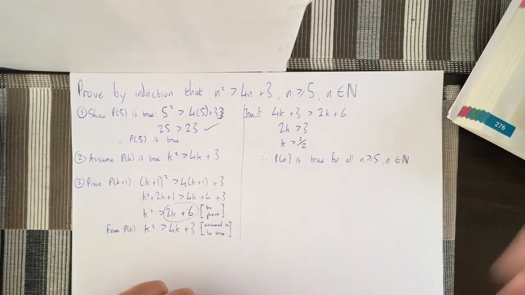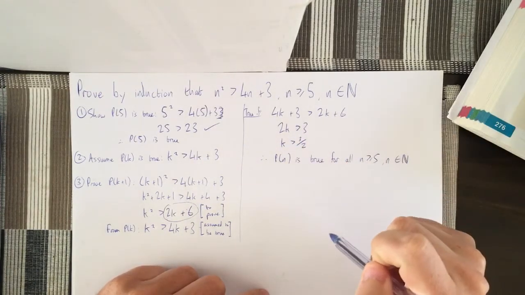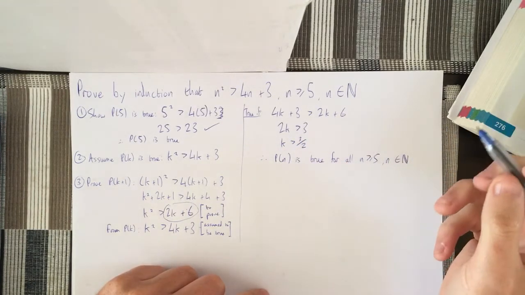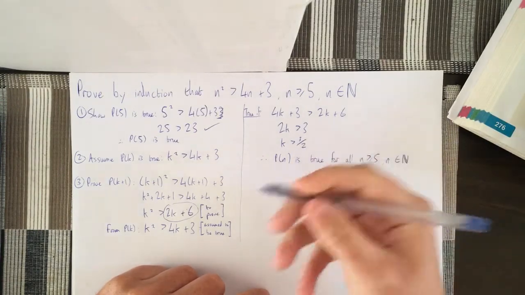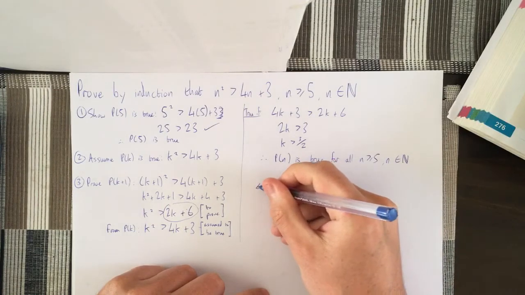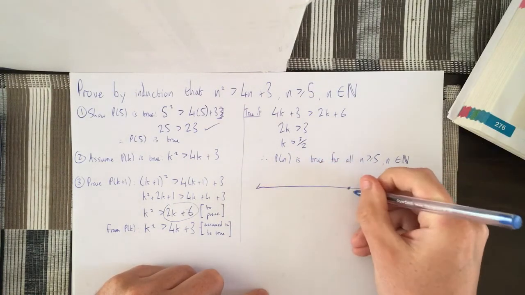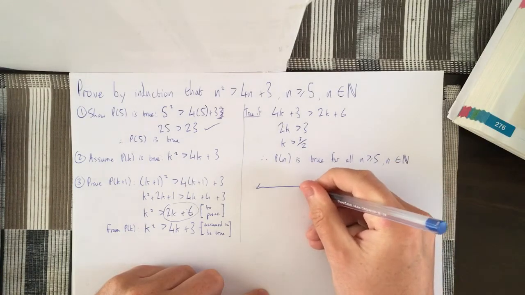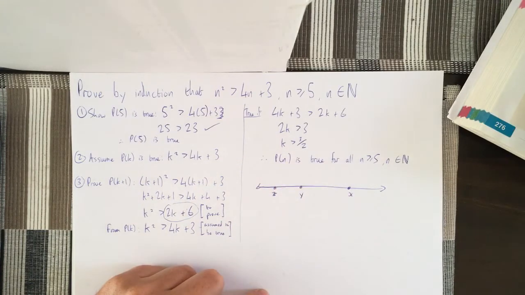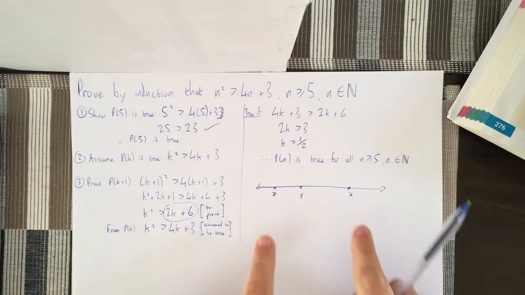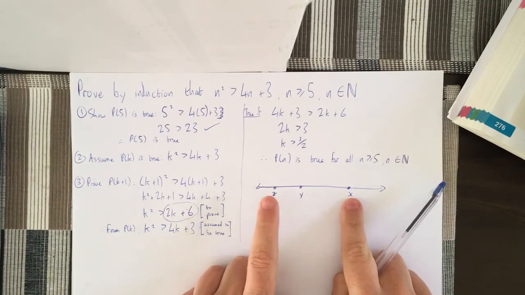Just to talk about the logic of what I'm doing here a little bit, adapted a little bit from the start of the inequality bit in your book. So let's say you've got a number line and you've got x and you've got y and you've got z. And what I'm trying to prove, say, is that x is bigger than z. Okay, this one's bigger than this one.